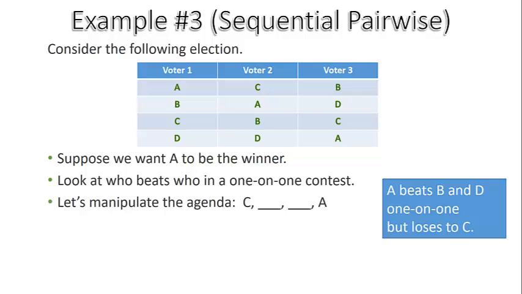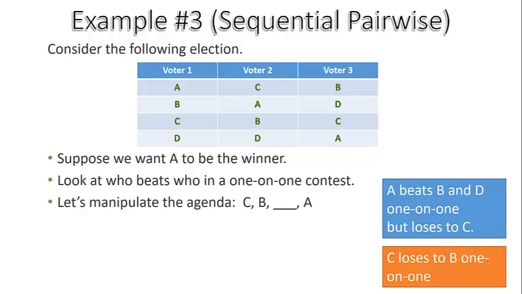We're going to put candidate C first in the list. Now, since candidate C loses to candidate B one-on-one, we can put B next, and then, of course, D's got to go somewhere. So we would try the agenda C, B, D, A.